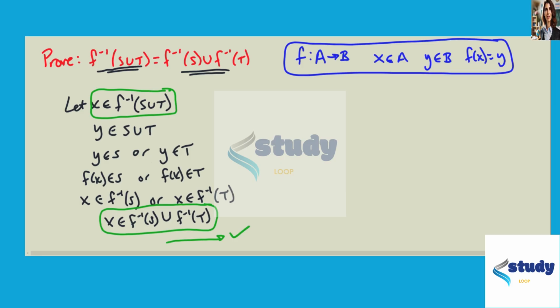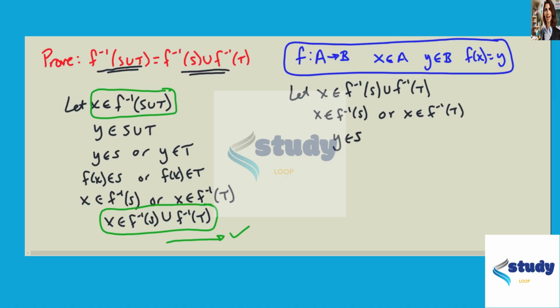Now let's go the other way. Let's start by saying x is an element of the right-hand side. Okay, and it's going to kind of be the reverse of what we just did. So union means an or. So x is an element of this set or the other. Well, since f of x equals y, I can say that y is an element of s or y is an element of t.